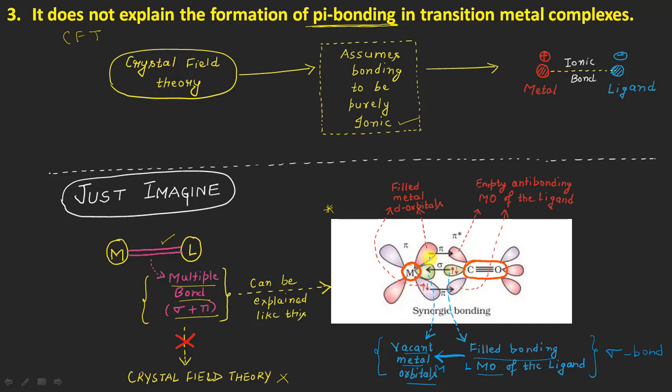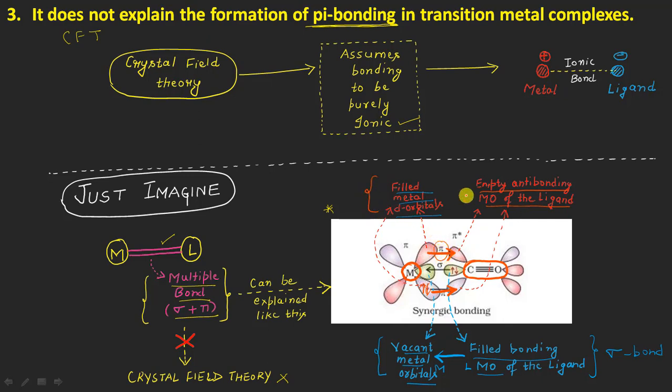And now if the chemistry of this ligand allows, what can happen here is that from the filled metal d orbitals, the electrons, which you can see here, these two electrons present in the filled metal d orbitals, can go back in this way, in this way or in this way to the empty antibonding molecular orbitals of the ligands, resulting in the formation of such pi bonds here.